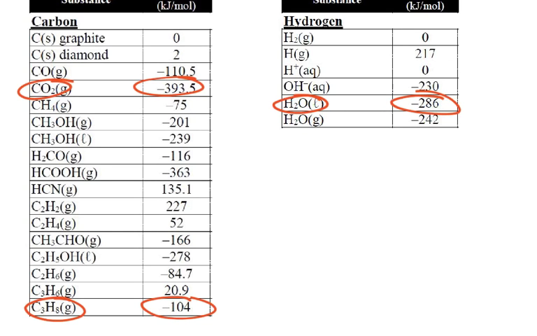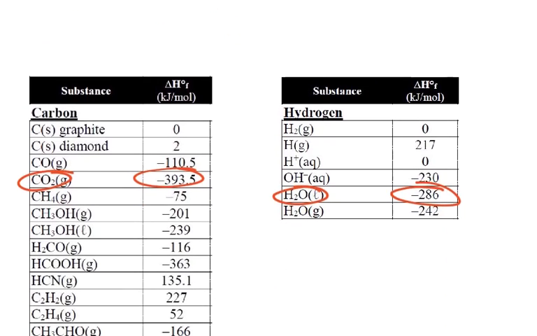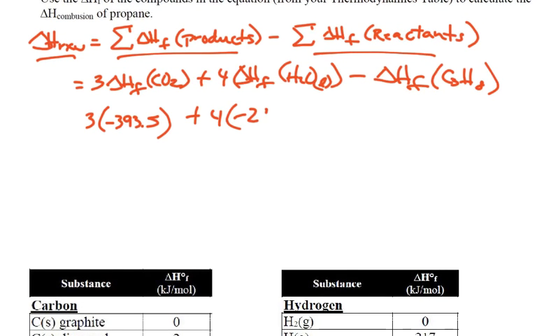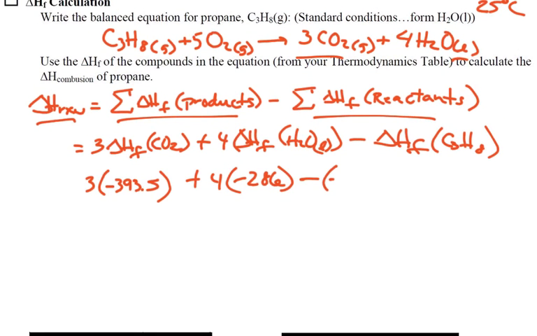So 3 times the CO2 number, 3 times negative 393.5 kilojoules per mole, plus 4 times the value for the water as a liquid, negative 286, minus the delta H of formation of C3H8, which was negative 104, so minus negative 104.